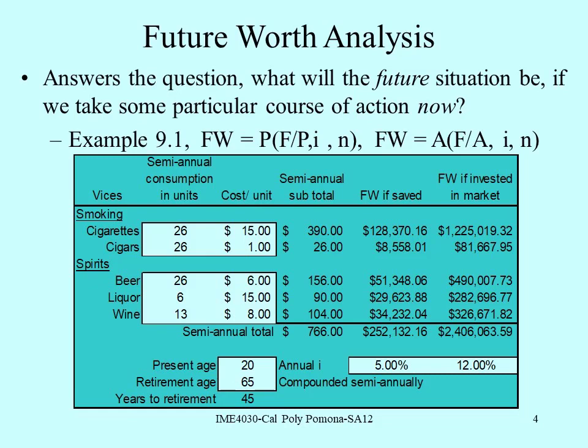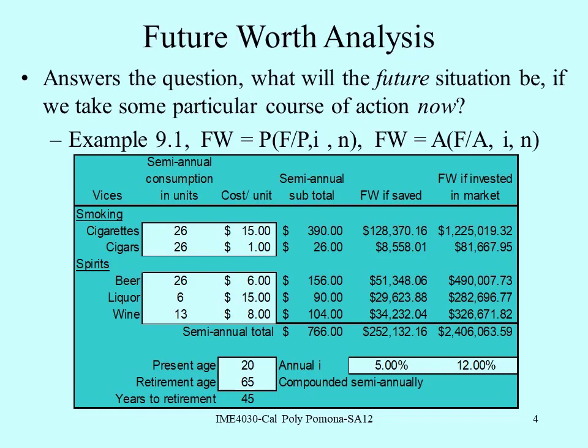And for spirits, it's got some more calculations below, and with the assumptions that were made, it showed, for example, spending $6 a week on beer or $15 every month on liquor. I imagine they're talking there about something like hard liquor, or $8 every 2 weeks, say on a bottle of wine.